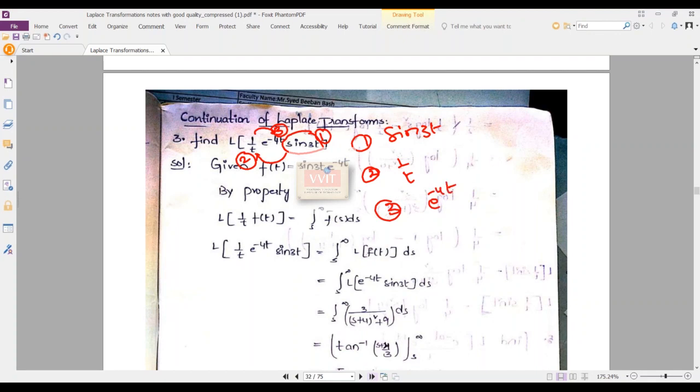So for sine 3t, you get here 3 by s square plus 9. If we integrate this, tan inverse s by 3. Further simplification, pi by 2 minus cot inverse s by 3. If I replace this, the final answer would be cot inverse of s plus 4 by 3. That would be the answer.